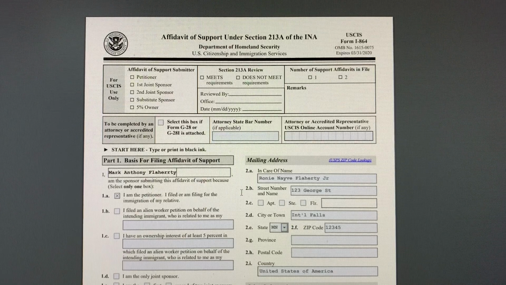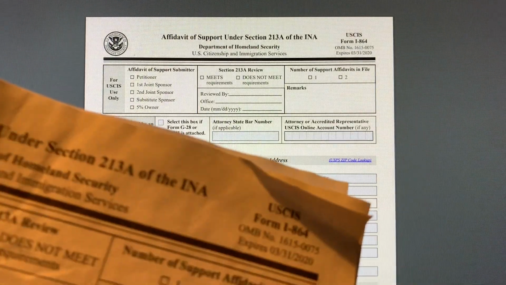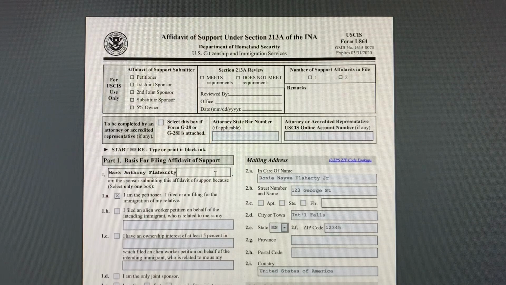First, Part 1, Basis for Filing Affidavit of Support. So guys, don't forget, the one who should file this is your sponsor, okay? In my case, it's my husband. So I'm just following his original paper here, and I'm just going to show you guys how to do this.